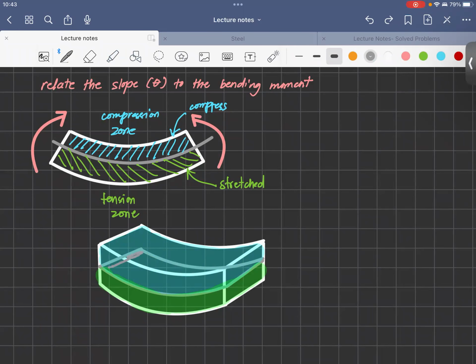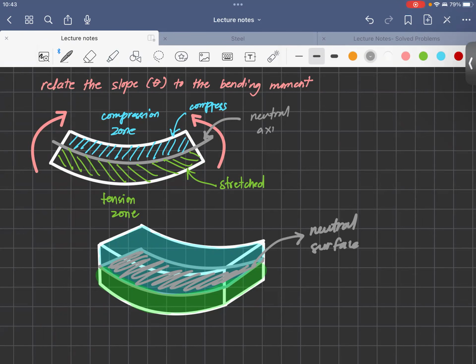This portion of the beam, in the middle, is what we call your neutral surface, or neutral axis.